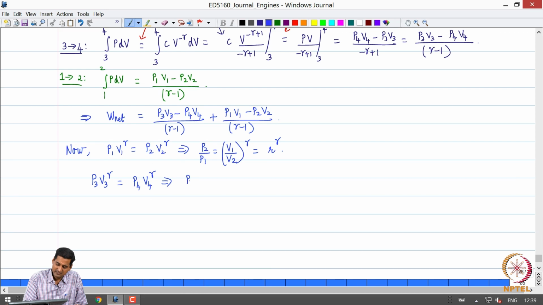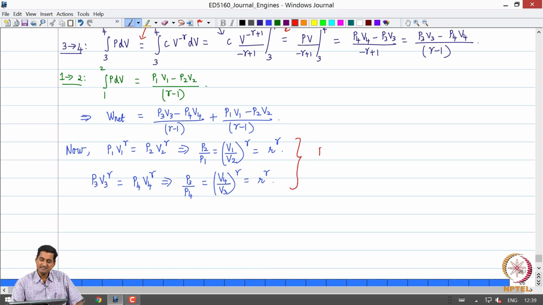So, this will give me P3 by P4 equal to (V4 by V3)^gamma, and that is also equal to R^gamma, correct. So, this essentially tells me P2 by P1 is equal to P3 by P4. Why? Because both ratios are equal to R^gamma. So, obviously both ratios should be the same.